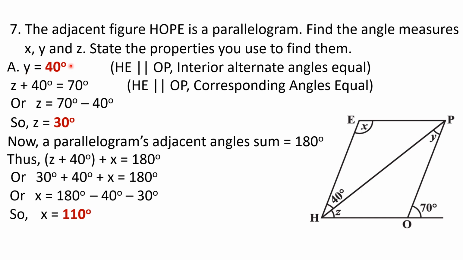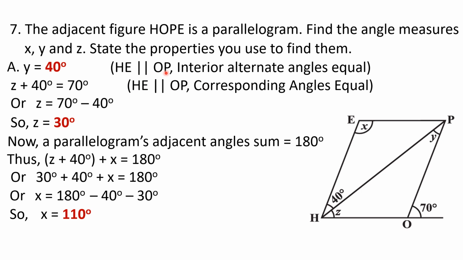y is equal to 40 degrees. Very straight and simple. y is equal to 40 degrees. Why? Because HE is parallel to OP. Because opposite sides of a parallelogram are equal and parallel to each other.